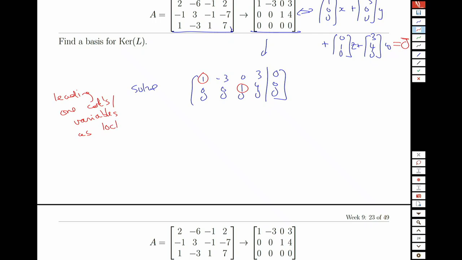Locked is the word that's coming to mind. That's locked in. Versus the other columns, which represent free variables.